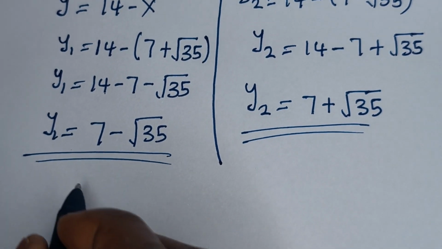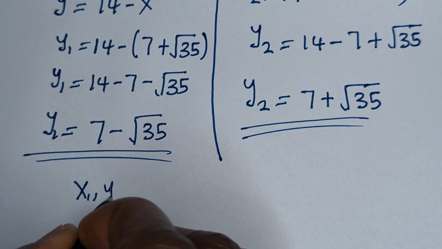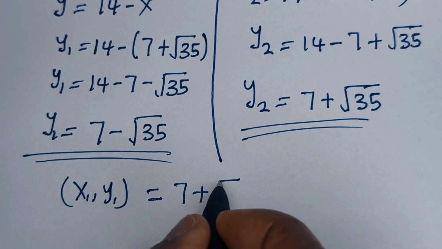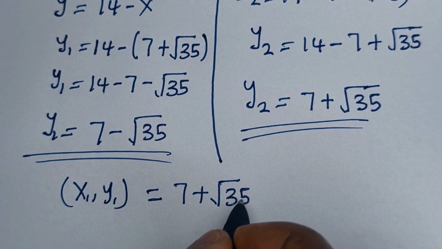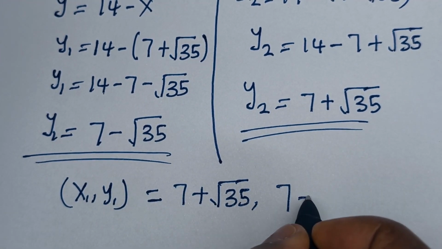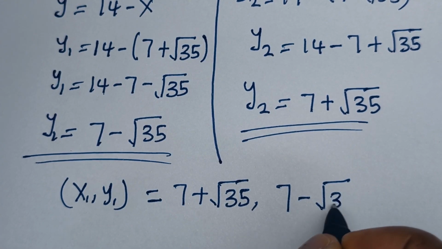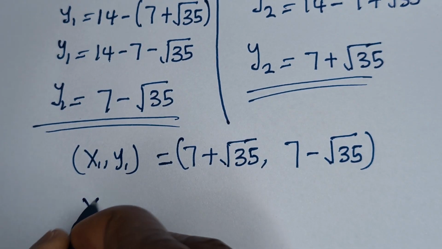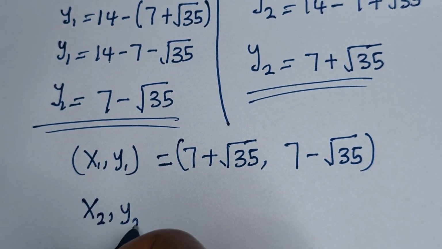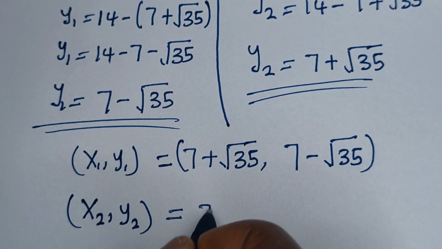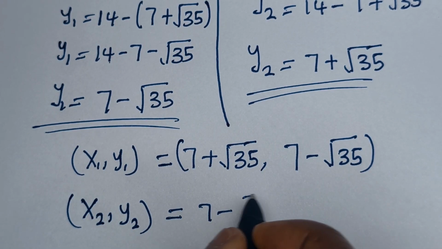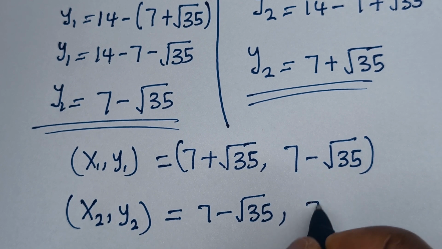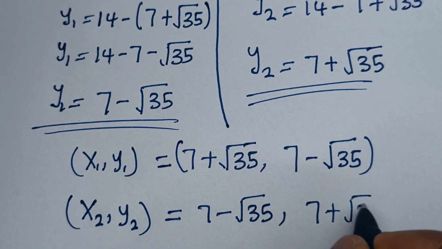Therefore, our final answer are x1, y1 is equal to 7 plus root 35, 7 minus root 35. Then also x2, y2 is equal to 7 minus square root of 35, 7 plus square root of 35.